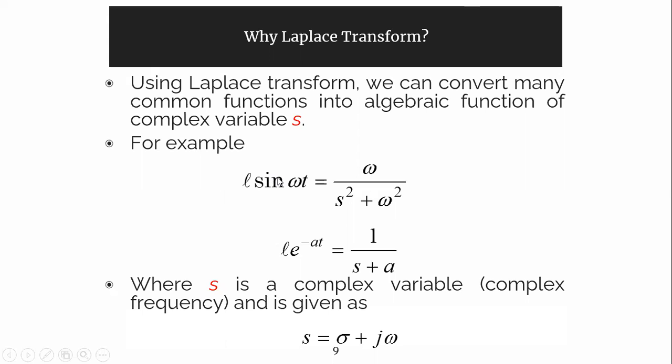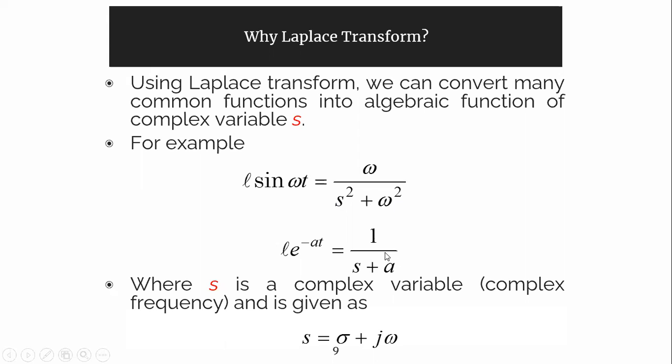If you observe the Laplace of sin(ωt), this is the example. So L of sin(ωt), the output is ω divided by s square plus ω square. Similarly, this will be converted into e raised to the power. I am taking e raised to the power because there is no initial term, except this a.